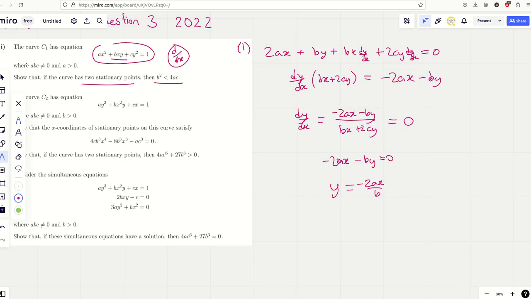Yeah. So how are we going to find where these turning points are? We're going to have to basically solve this system of equations simultaneously. Yeah. And so let's eliminate a variable. Now I'm going to get rid of the y's here. So I've got ax squared.